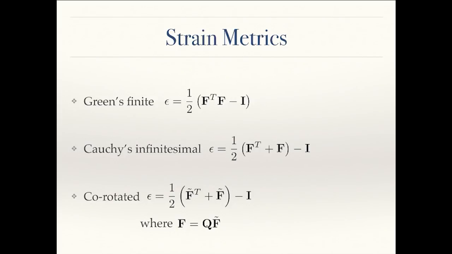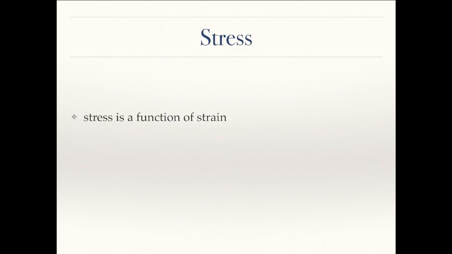So to address this fact that Cauchy's strain metric is sensitive to rotations, we just figure out what the rotation is and remove it. And then we compute our strain based on the scale and shear that's left over after we remove the rotation. And as I said, that's the most popular approach in modern day computer graphics.